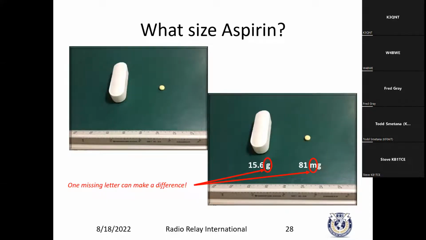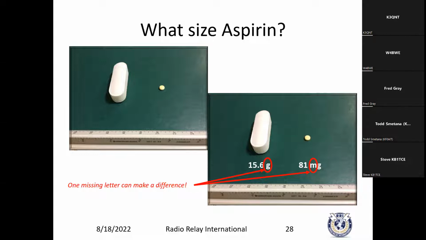So, here's an example that I thought might be kind of entertaining. In front of you are two aspirins. One is a baby aspirin, or an aspirin that some of us adults take due to past or potential cardiac issues. Little 81 milligram aspirin. The other one here on the left is an aspirin that I administer to horses. Okay, the average human being, I don't know what the average human being weighs, maybe 150 to 200 pounds.